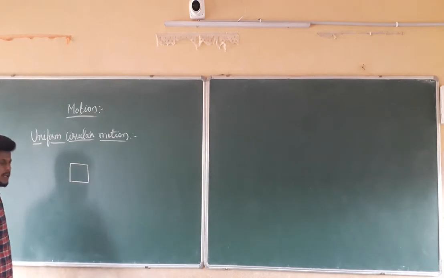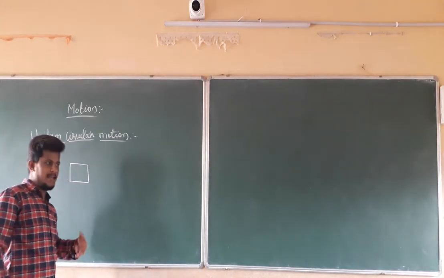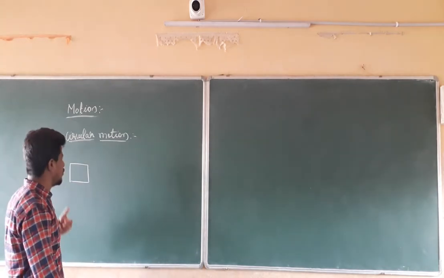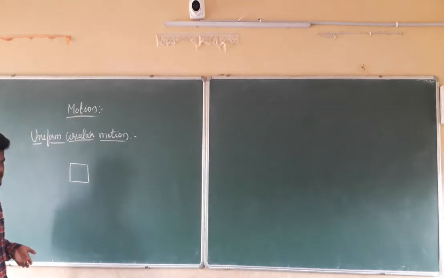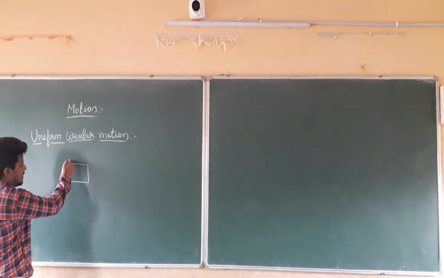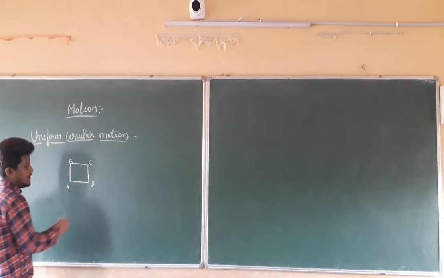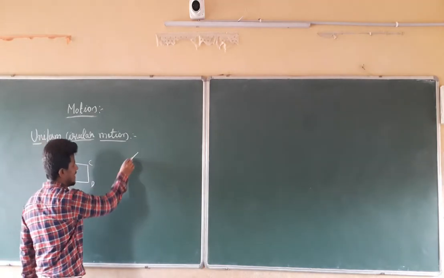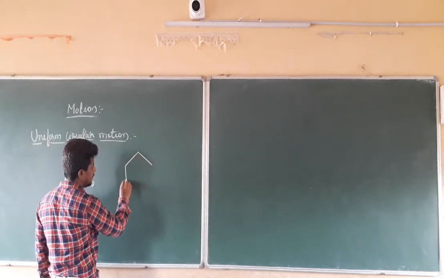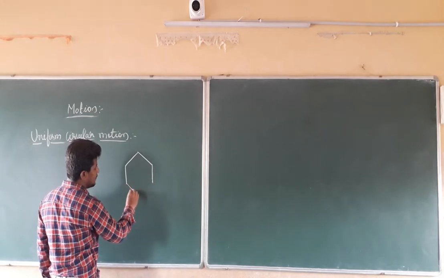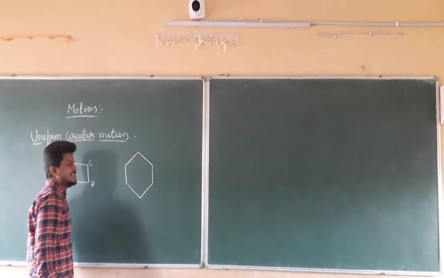A rectangular ground is nothing but a ground with a closed path. This rectangle has corners A, B, C, D. In the same manner, we are going to take a hexagonal path, with each side having the same distance.